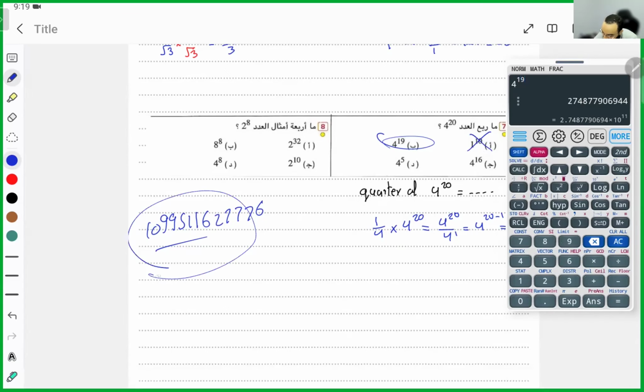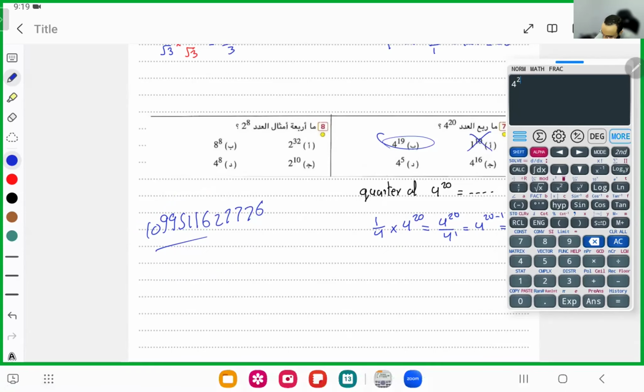Yes, it's the same. Actually, it's not the same. So I made a mistake. There is a mistake. It's 4 power of 20 minus 1, which is 4 power of 19. Let's check again, 4 power of 20.